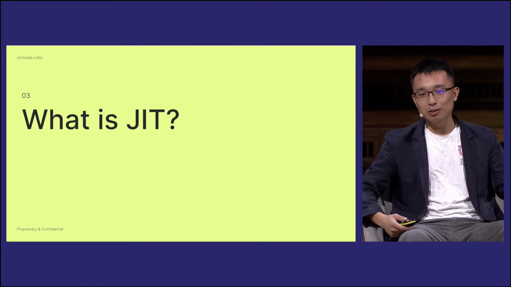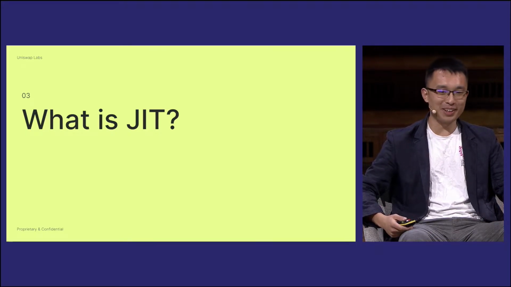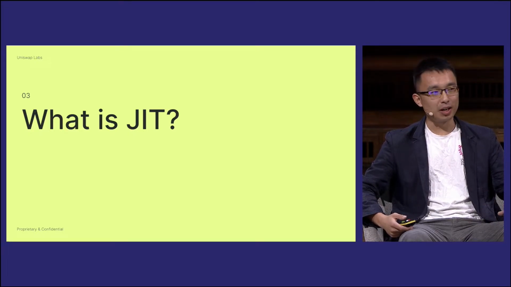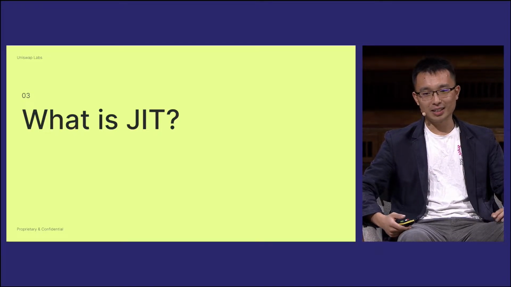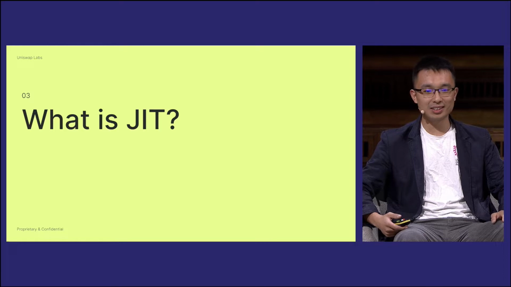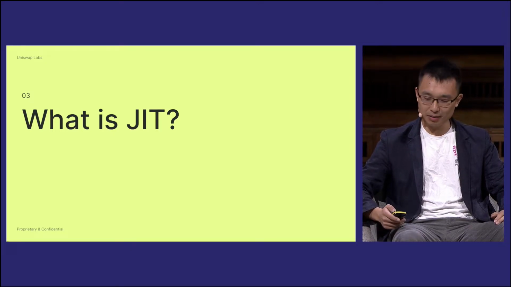But if I ever lose you, don't worry about it, because we published a blog post last Friday on the blog section of the Uniswap Labs website, and you can read the blog anytime. It has more analysis there than what we're covering today. So with that, let me dive in here.